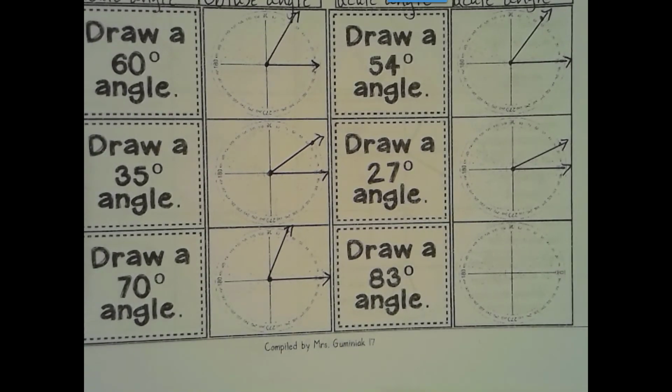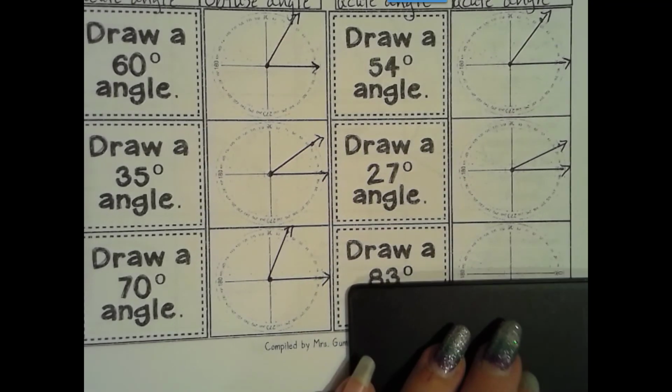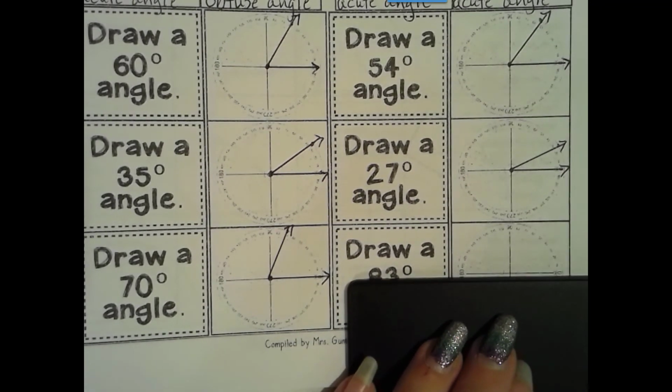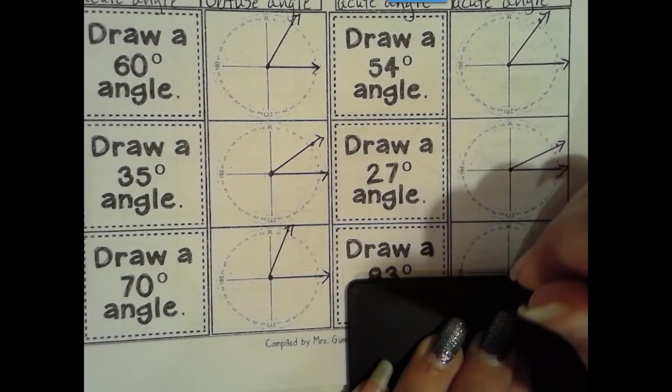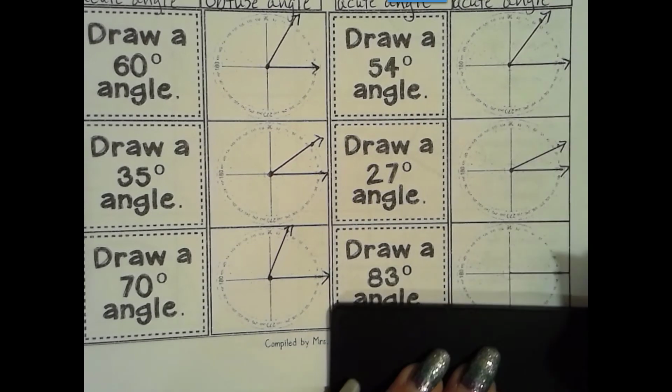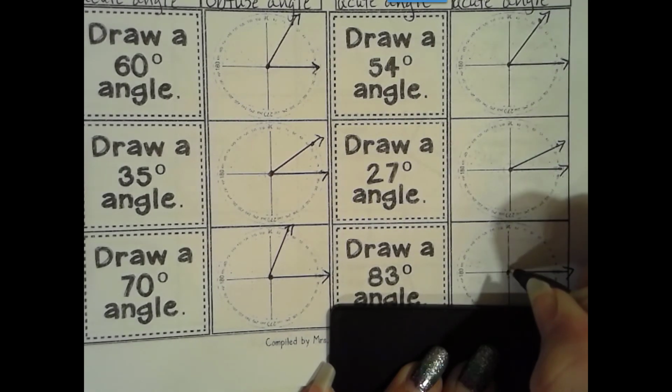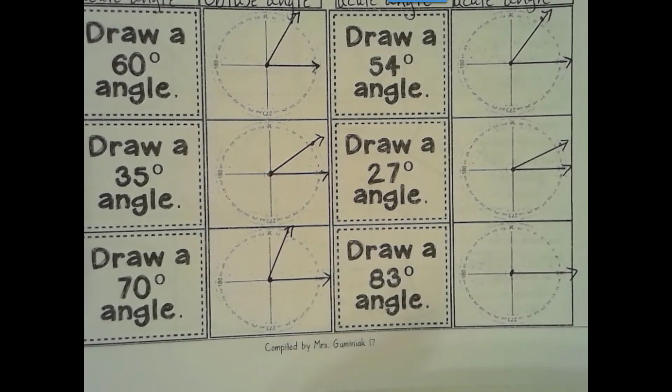Now 83 degrees, so it's going to be a little closer to 80 than it is, well, a lot closer to 80 than it is to 90. Here is 0. See where the other side terminates.